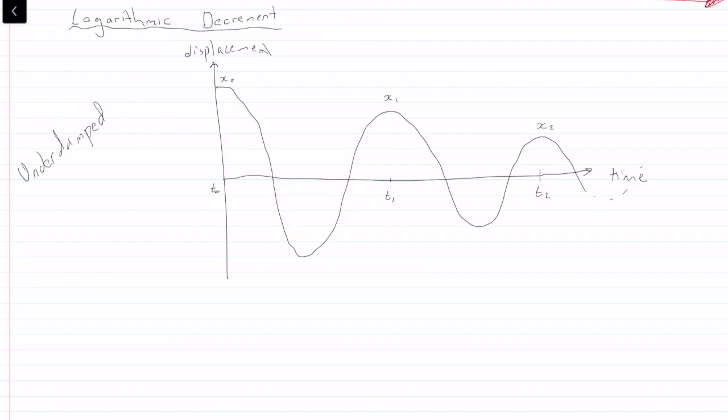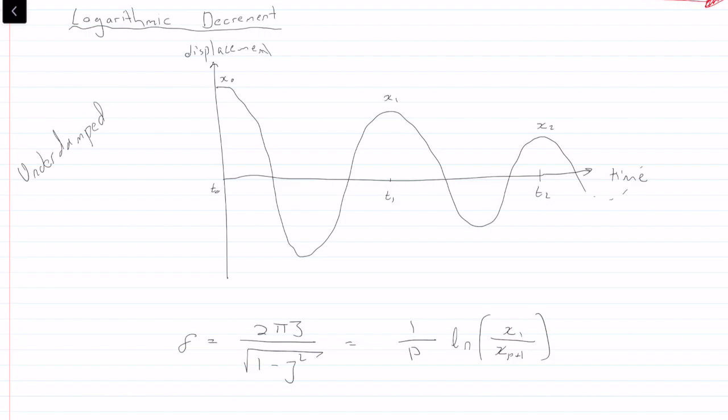There are two main equations. The logarithmic decrement, that's the symbol for it, is equal to 2 pi ζ, the damping ratio, over the square root of 1 minus ζ squared. And this is equal to 1 over p ln of x1, or our first displacement, over x(p+1).